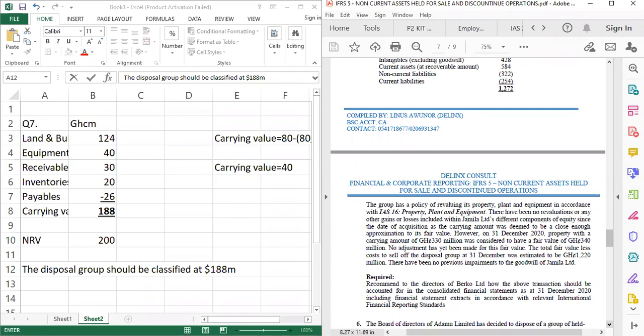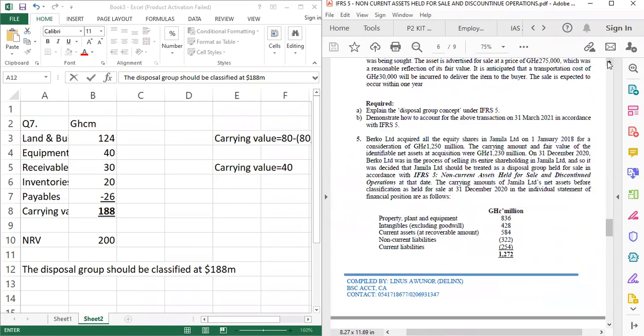Okay, that is what they are saying. All right, so let's look at the top. They say Beko Limited acquired all the equity shares in Jamila Limited in 2018 for a consideration of what? 1,250 million. The carrying amount and fair value of the identifiable net assets at acquisition were what? 1,230 million.